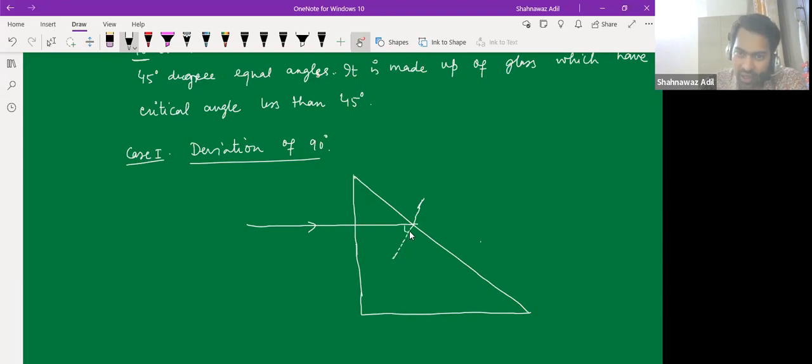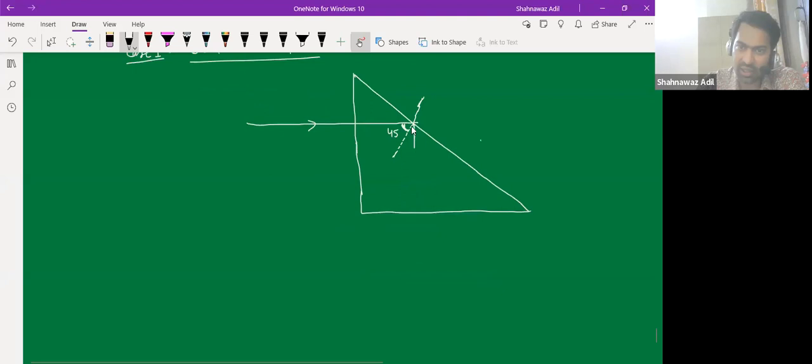So this angle is 45 degrees. So then it will again make 45 degrees in here, right? So it will reflect back at 90 degrees.